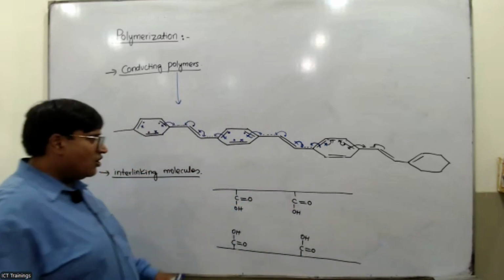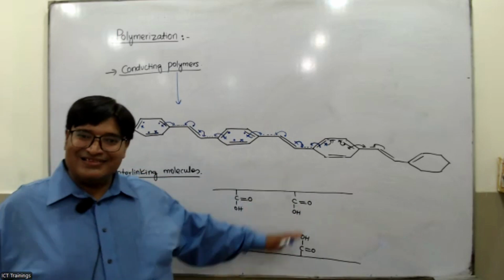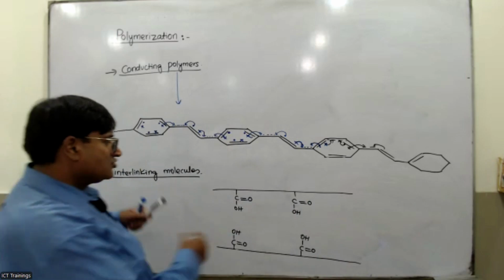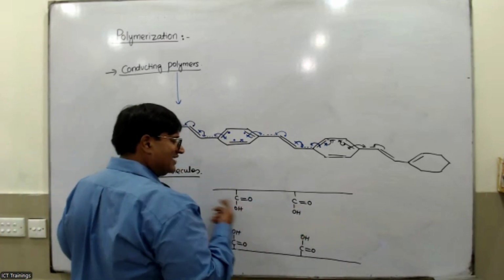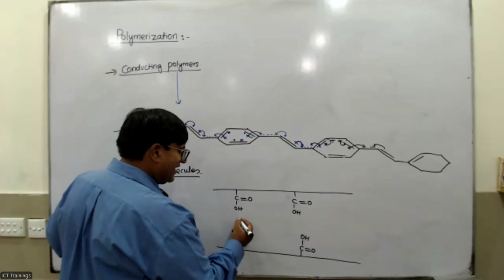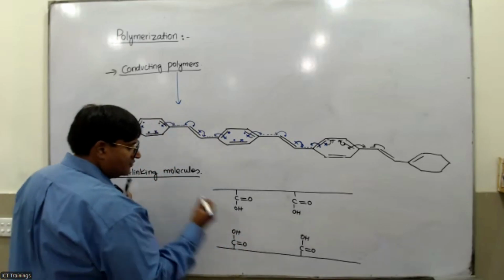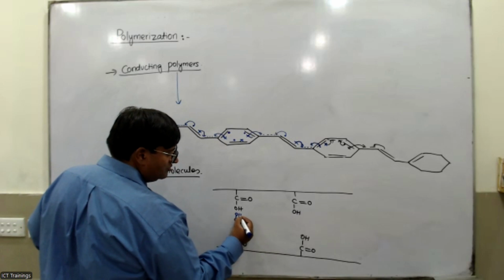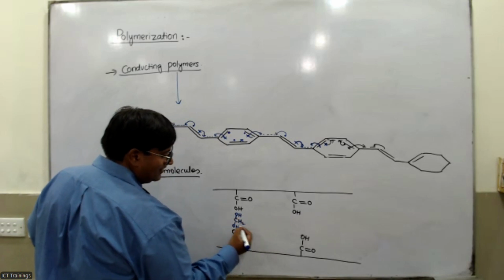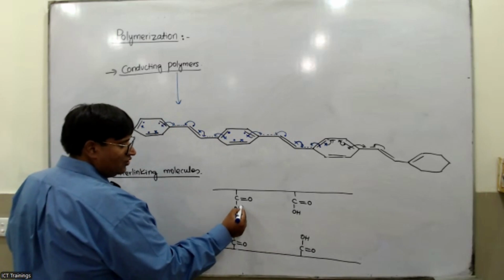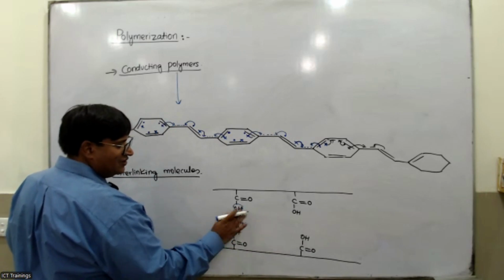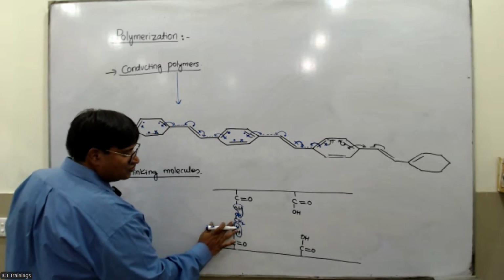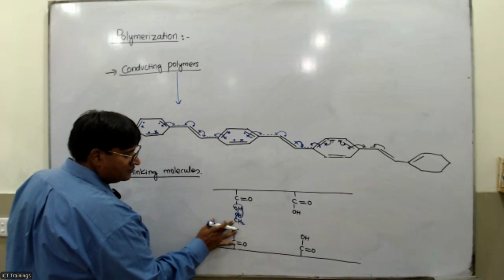Now you can interlink these chains by putting some small molecules in between. These carboxylic acids can react with alcohol. So you can take any alcohol, let's suppose CH2 with an alcohol group on that side and an alcohol group on that side. The OH from here and H from here form water, and that water would be removed.